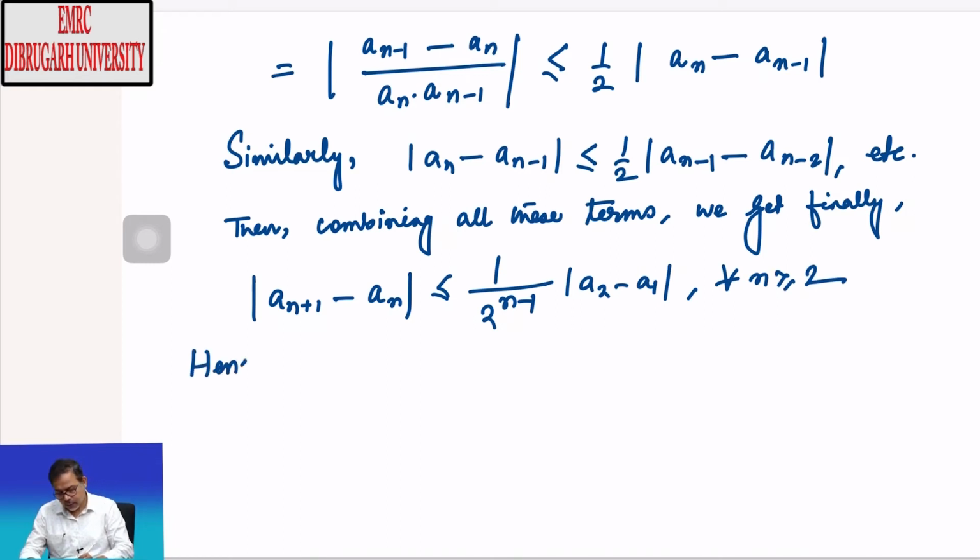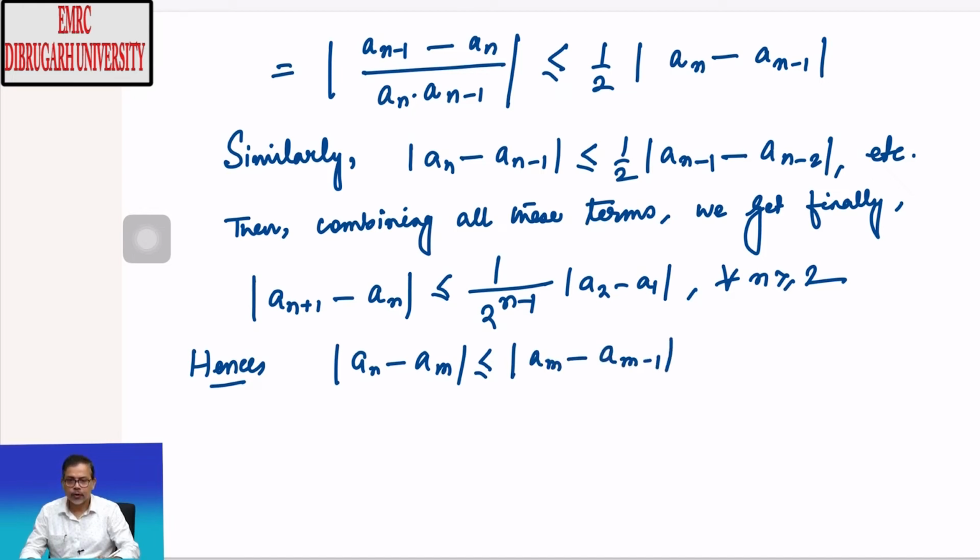Hence, a_n minus a_m, this is the requirement for the Cauchy sequence, is less than or equal to a_m minus a_{m-1} plus a_{m-1} minus a_{m-2} plus and so on and so forth.